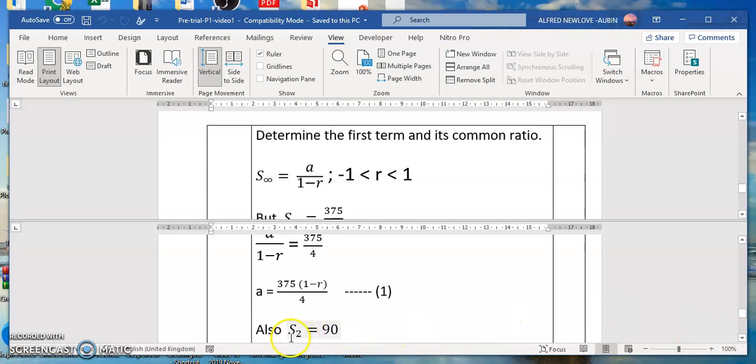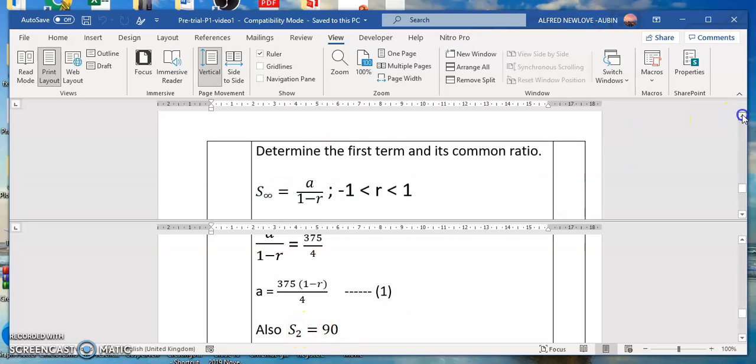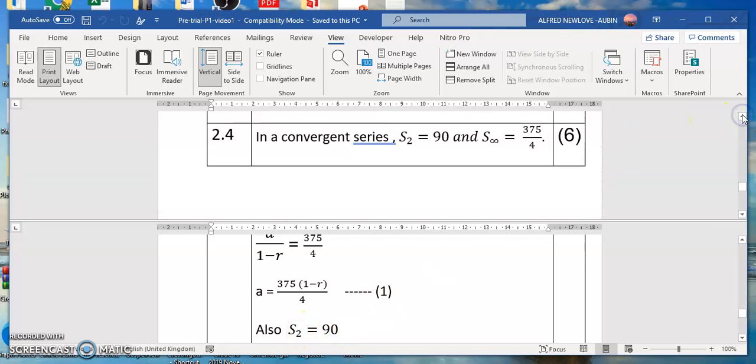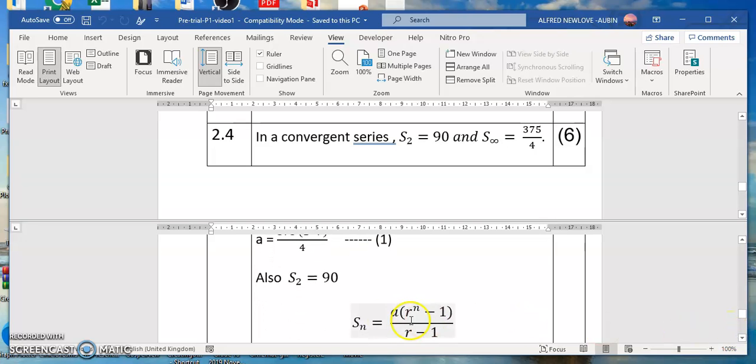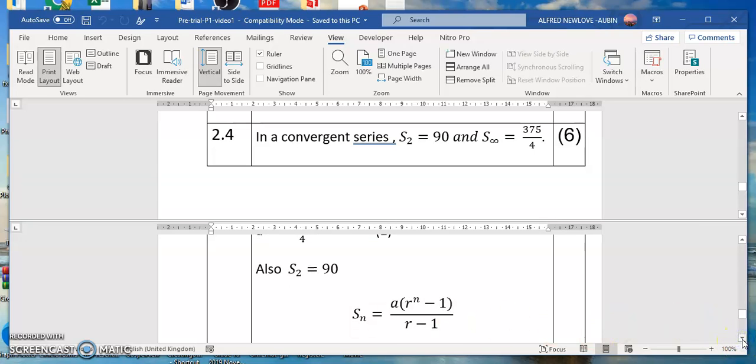And we were also given in the question that the sum of the first two terms is equal to 90. Let me show you. The sum of the first two terms is equal to 90. It was given in the question. But the sum of the first n terms is given by this equation. You find it in the formula sheet, so you write it down in your answer script.